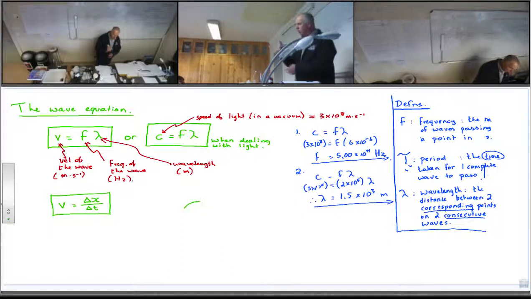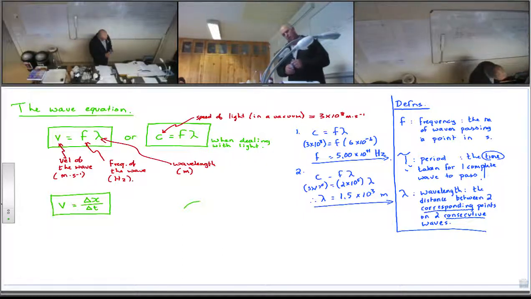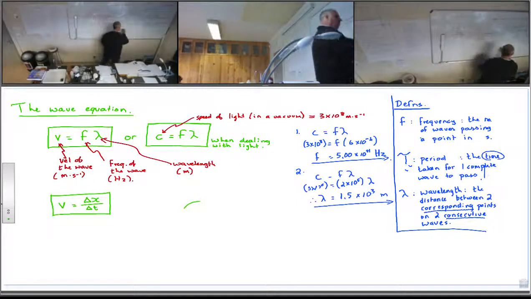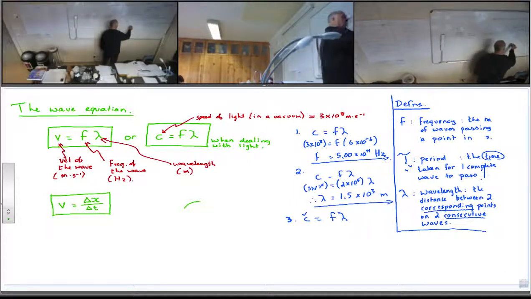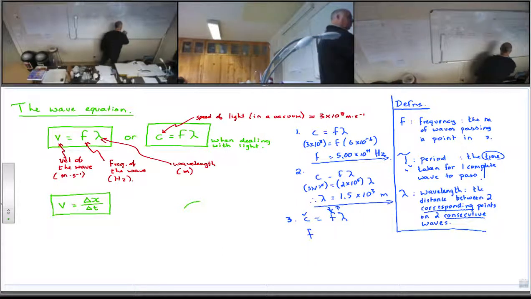In other words, it takes 2.5 times 10 to the minus 7 seconds, very, very small period of time, a tenth of a millionth of a second, to pass. Calculate the wavelength. Well, what's our formula? C equals frequency times lambda. We've got C, we're asked for lambda. We don't have F. Do you agree? So, F equals 1 over tau.